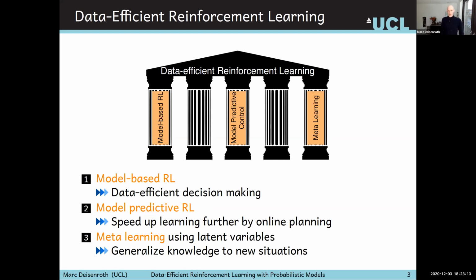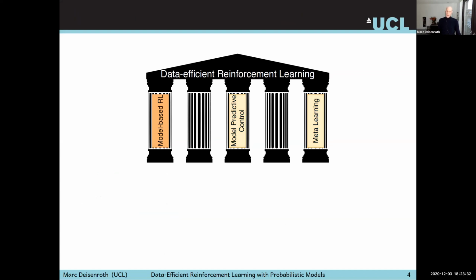And in the end, I would like to talk about meta learning or transfer learning using some latent variables, which allow us to generalize knowledge from problems that we have already solved to problems that we still want to solve, which are somewhat related to the problems that we already know about. So let me start with model-based reinforcement learning.